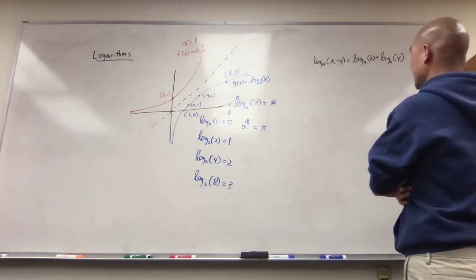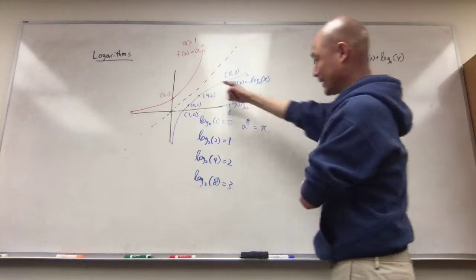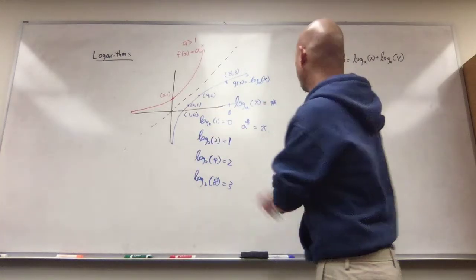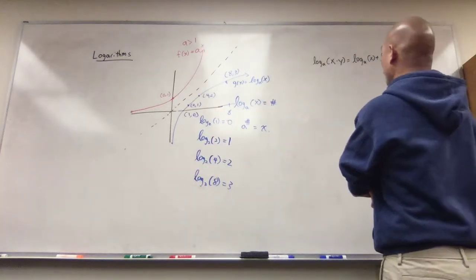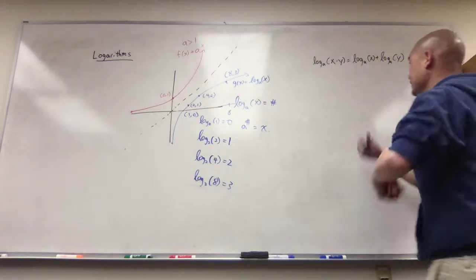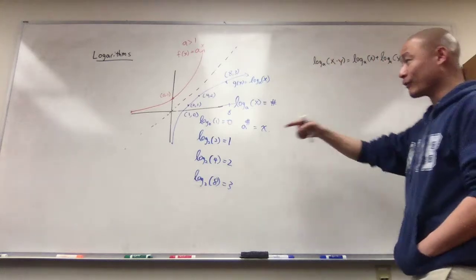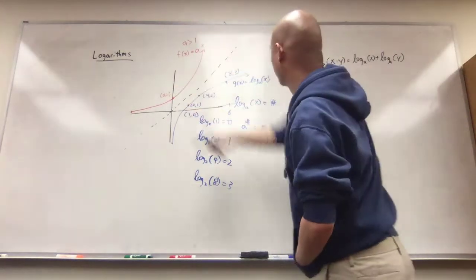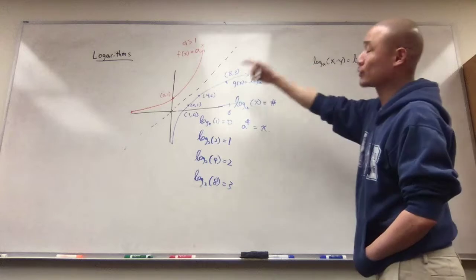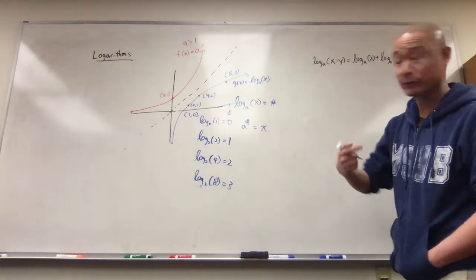And in order to see why that is true, remember that this is an invertible one-to-one function, and so two things are the same if and only if their inputs are the same. So we also know that this thing is the inverse of the exponential function. So if I compose it with the exponential, those things will cancel each other out.